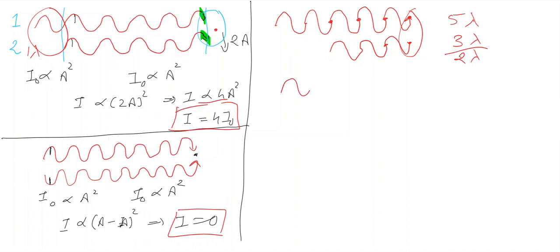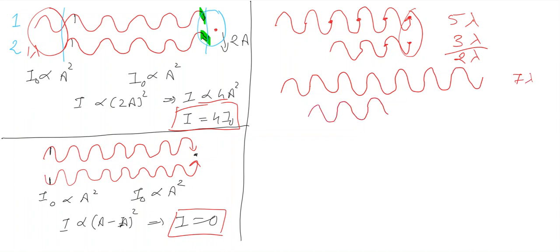Suppose I have 7 waves in a train, and then 6 lambda in the second train. So when you have a difference of one wave, look at this, the two will give constructive interference.